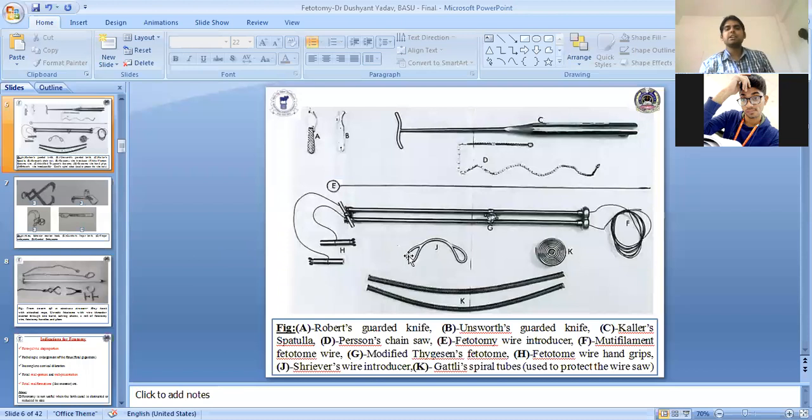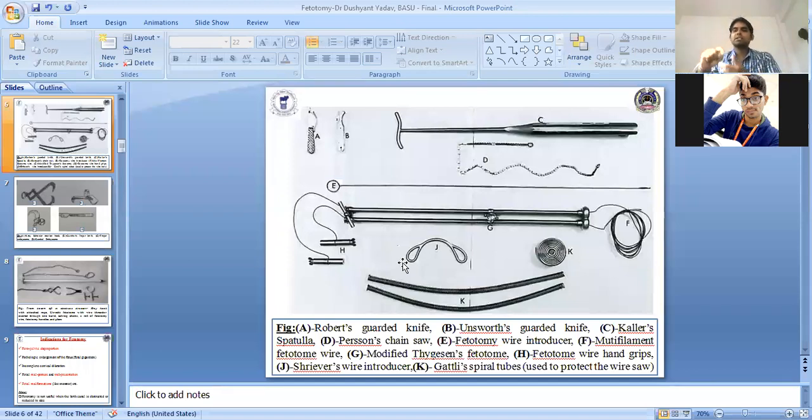This instrument is the wire introducer or snare wire introducer. Sometimes it is required when there is flexion of the limbs and other things. Then we use this wire introducer, in which one end is tied to the wire shaft.